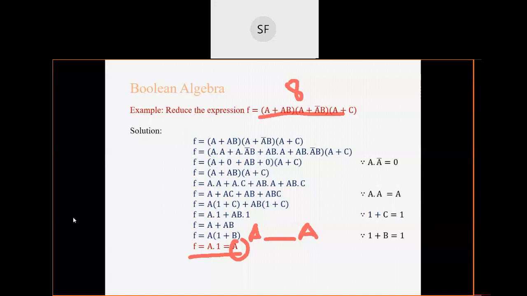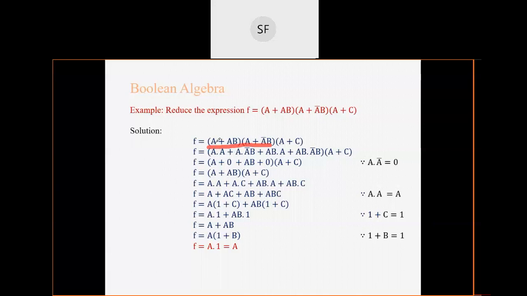Now I will explain very quickly how you achieved this reduction. You just have to follow these steps. The first step is the given problem. Then I have multiplied these two brackets, just like simple multiplication.